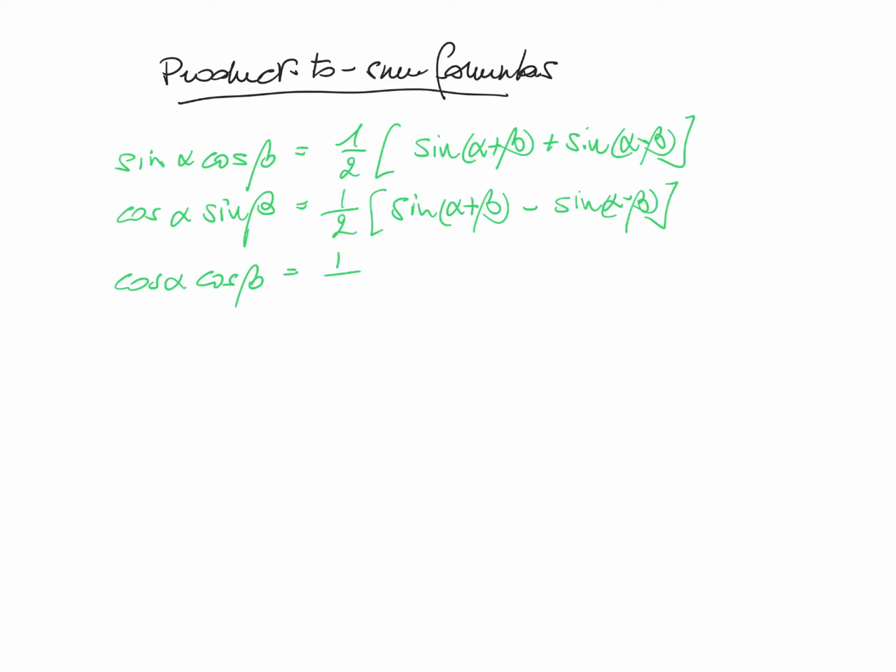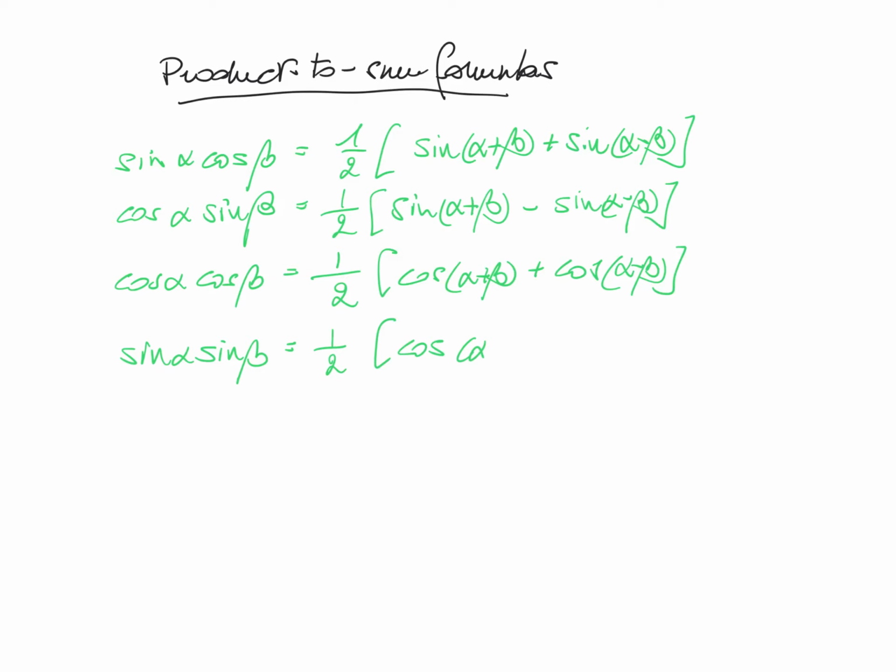If we multiply this, that's equal to 1/2 cosine alpha plus beta plus cosine alpha minus beta. And then the last one, if we have a product of sine alpha with sine beta, then we get 1/2 times cosine alpha minus beta minus cosine of alpha plus beta.